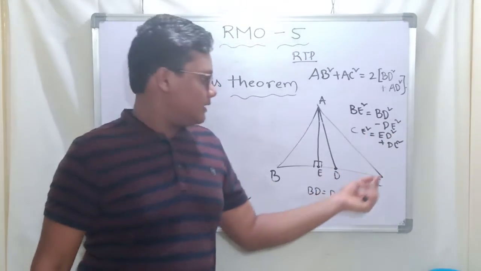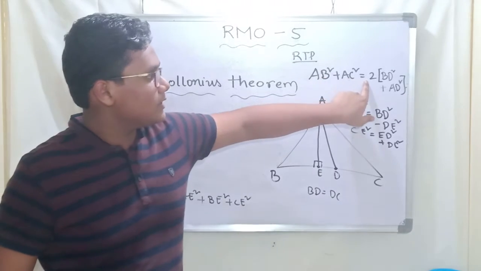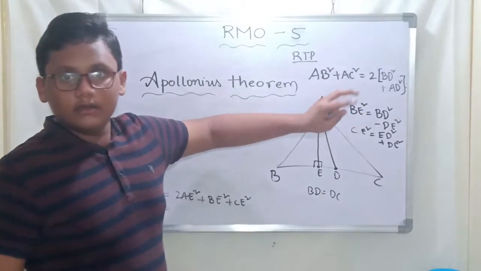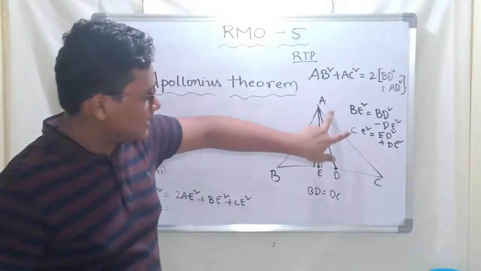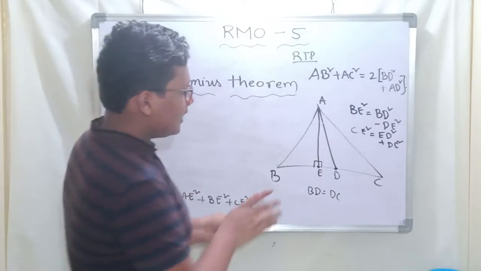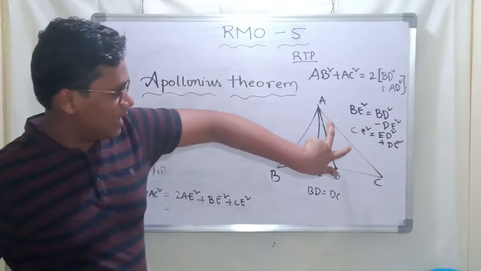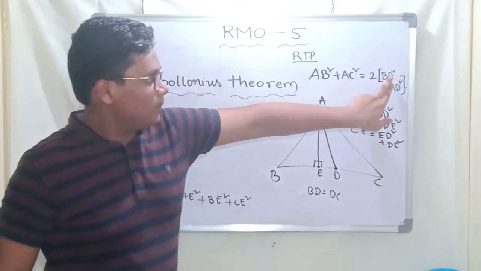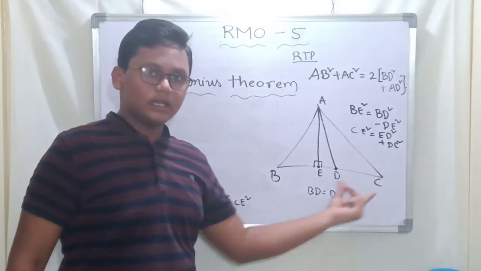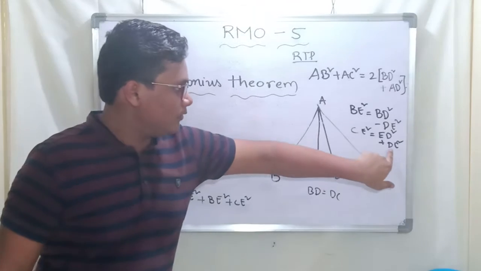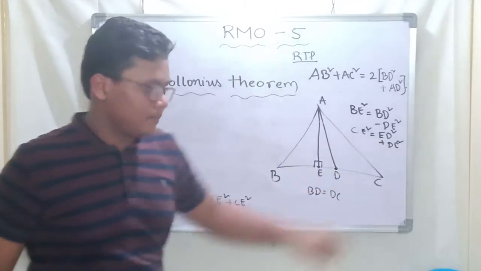We need to prove AB square plus AC square is equal to 2 into the square of half of BC plus AD square. Since BD and DC are equal, we can take BD square or DC square, so we substitute BD in place of DC.